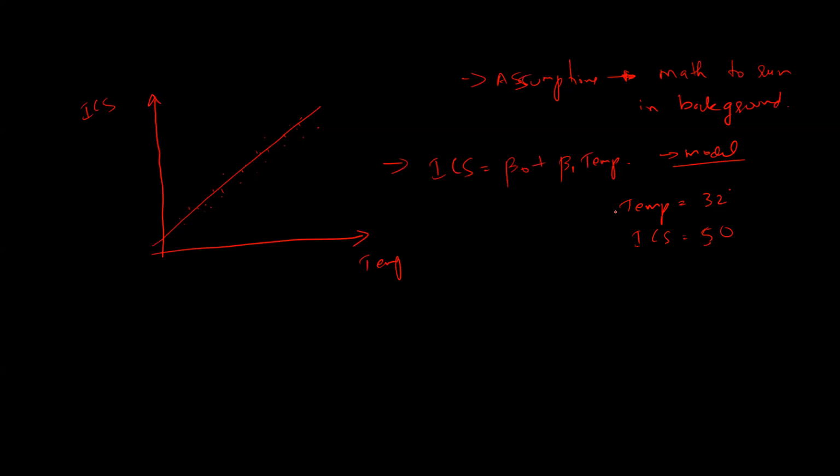Are we 100% sure that we will sell 50 ice creams? No, it's approximate. So I can say that we are not looking for a 100% accurate model, but we are looking for a good enough model.